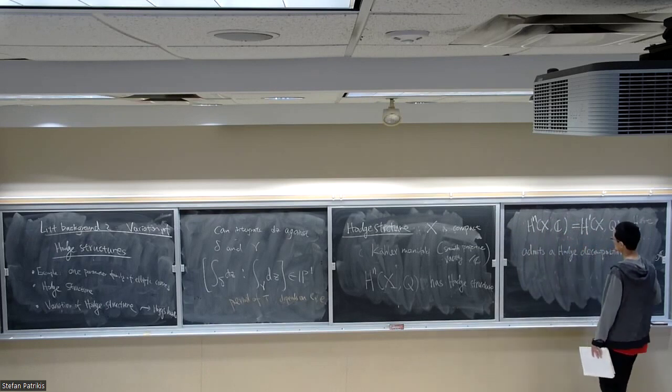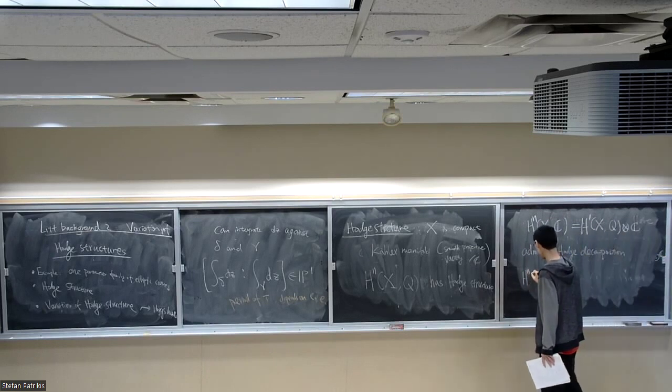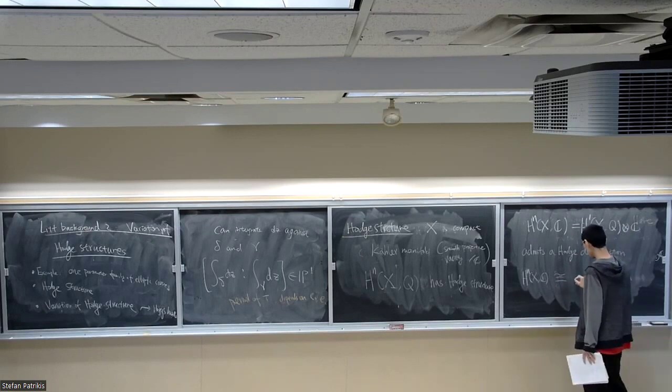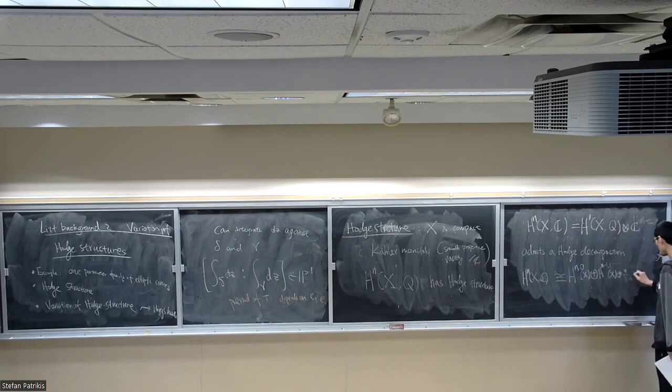As a complex vector space, it is going to decompose into the (n,0) piece, the (n-1,1) piece, and so on, up to the (0,n) piece.